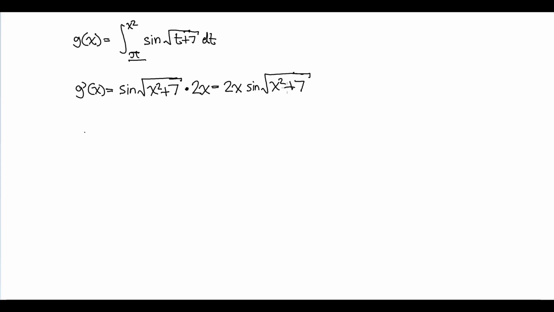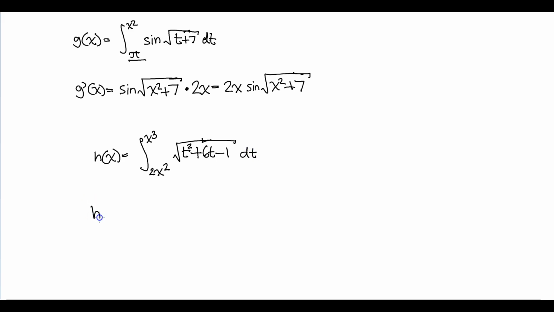So let's do another. Let's consider the function h of x equals a definite integral from x cubed to 2x squared of the square root of t squared plus 6t minus 1 dt.